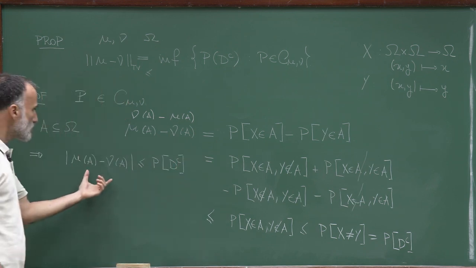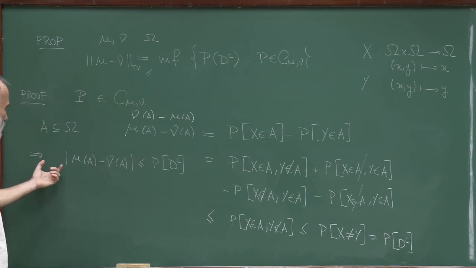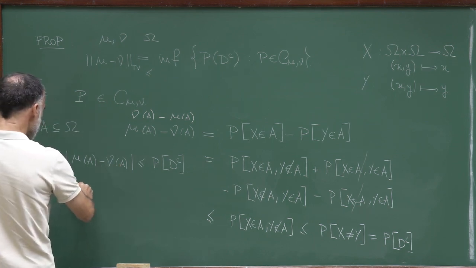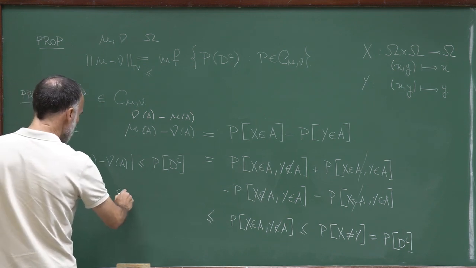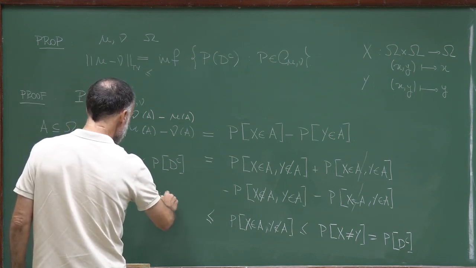And since this inequality holds for all A, I can just maximize that over all subsets A to conclude that the total variation between mu and nu is bounded by the probability of the complement of the diagonal.